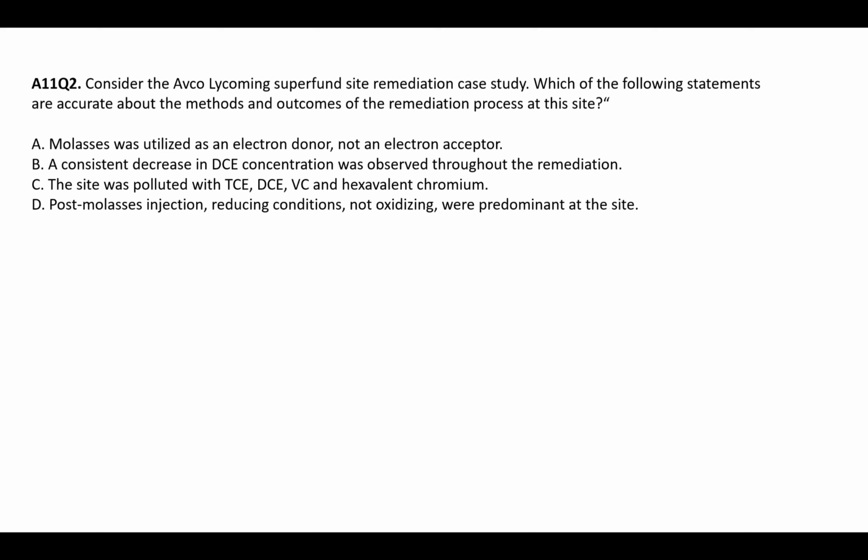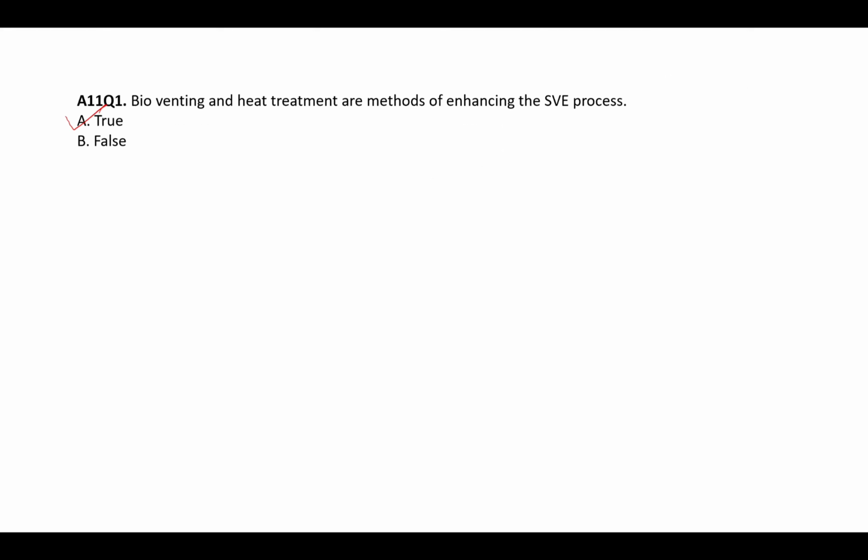So the answer for question one is that the statement is correct, because both bioventing and heat treatment enhance the volatilization of the contaminants in the aquifers, and through that more vapor will be produced, and it can be extracted and treated.